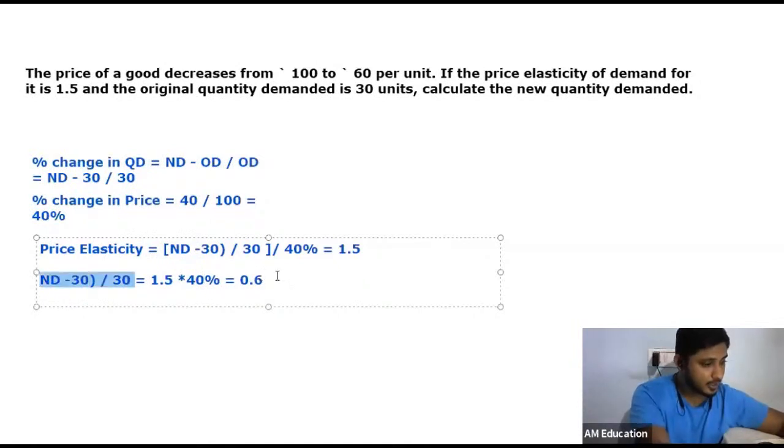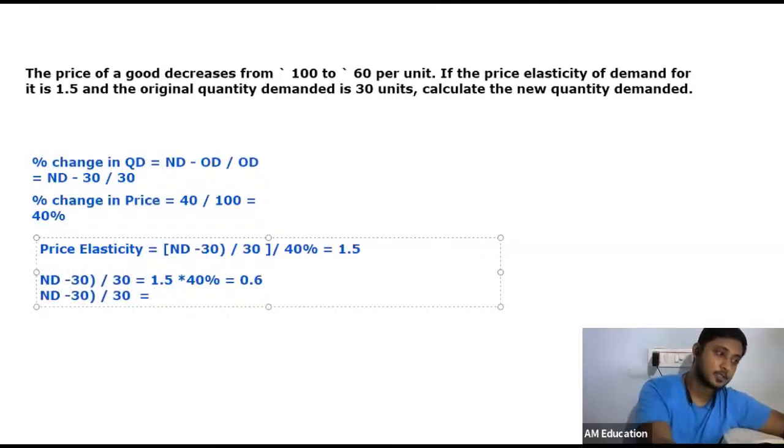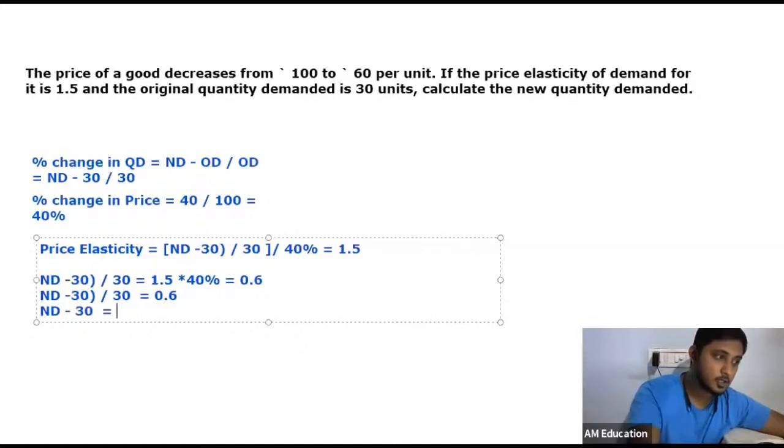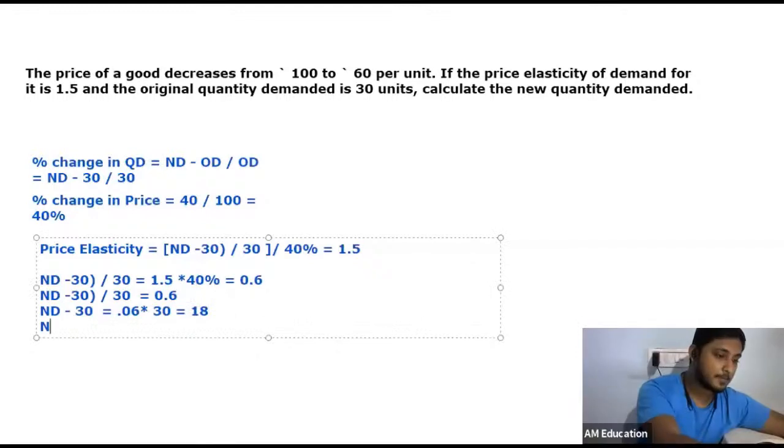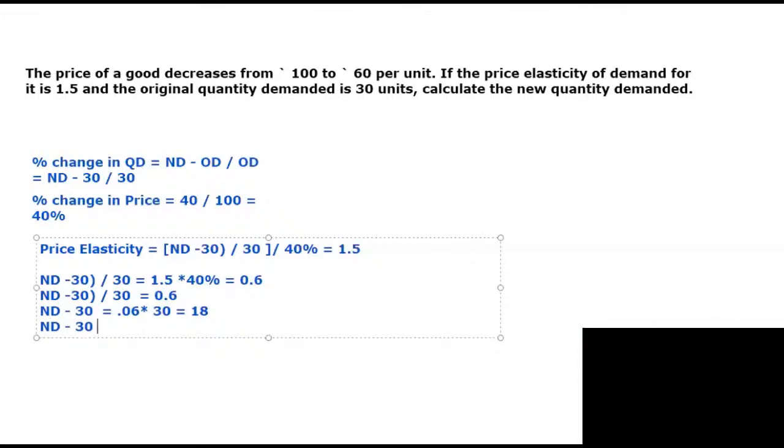Now we have ND minus 30 by 30 is equal to 0.6. Now I shall also send this 30 to the right hand side, right? So ND minus 30 is equal to 0.6 into how much? You know, how much is 0.6 into 30? 18. Lovely. So ND minus 30 is equal to 18.